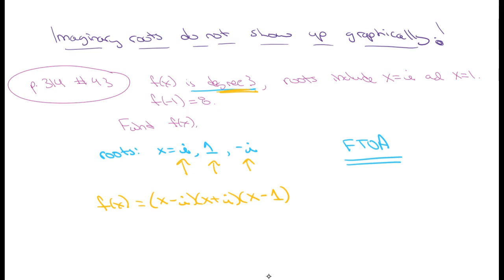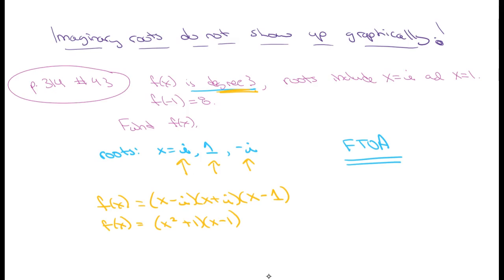Okay? Generally speaking, boys and girls, I'm going to give you a really helpful hint. When you have imaginary factors, if it's convenient for you to do so, I recommend multiplying those conjugate factor pairs because it'll often land you someplace nice like this.